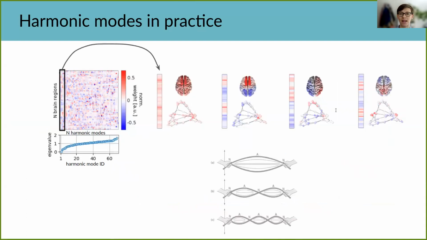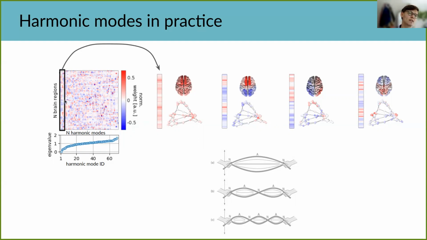So by now, you're probably curious what these harmonic modes look like. So just to illustrate what they are, you've got some vectors now, and so you decomposed an n by n connectivity matrix where n is the number of brain regions or vertices or whatever you're using for your connectivity graph.